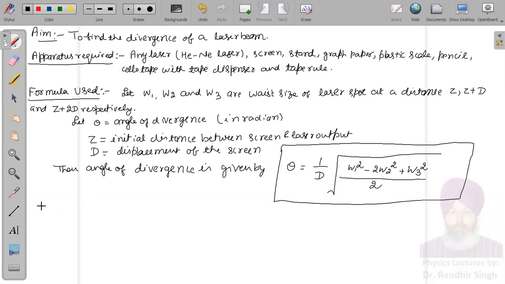What is waist size? It is the diameter of the laser spot. Suppose this is the shape of the laser spot, it is circular.